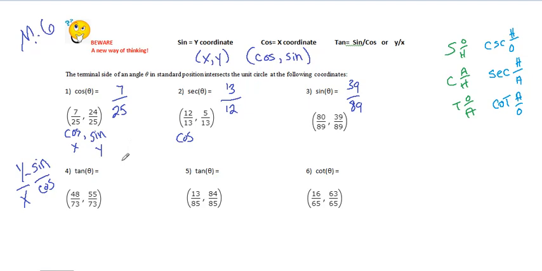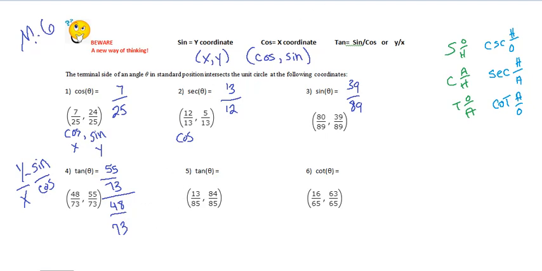The sine of this one is 55/73. That's just the sine, or the y portion. So this is going to be a complex fraction because on the bottom, the denominator, we're going to have the cosine, which is 48/73.